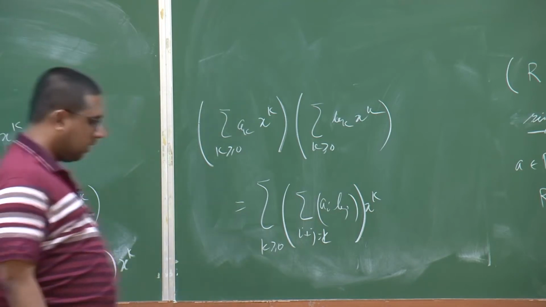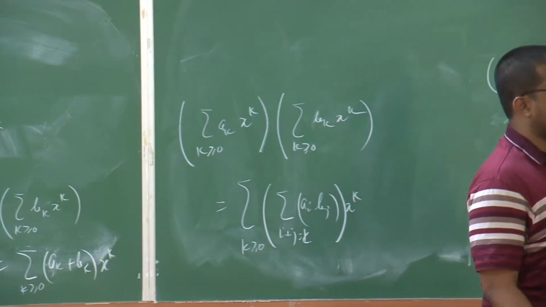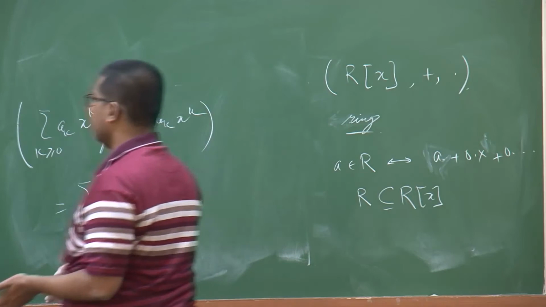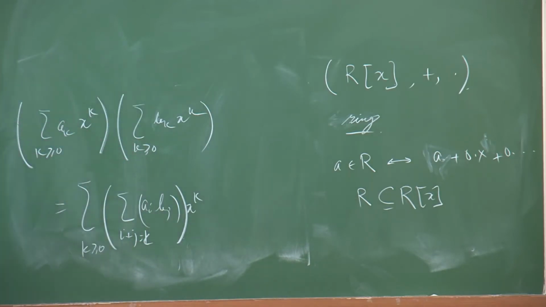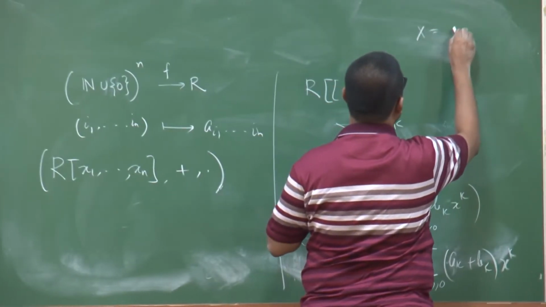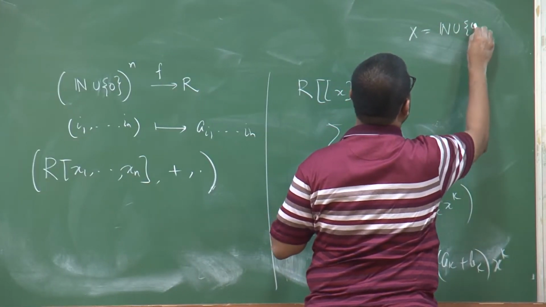Then it is a routine verification that everything is associative, both addition and multiplication. Of course, with respect to addition we do not have to do anything, because it is an abelian group, and that part is already taken care of when we talk about general rings of functions. Again, consider X to be the natural numbers union 0.